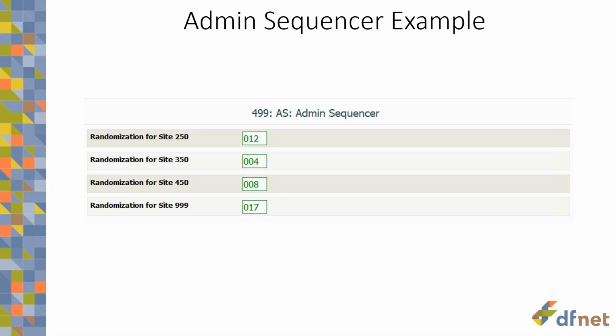So site 250 has had now 12 people randomized in there, and then site 350 has only had 4, and so on and so on. So this helps track, so we know that the very next time when a randomization has to occur, it can find exactly how many people have been randomized and find the appropriate sequence inside the randomization list.